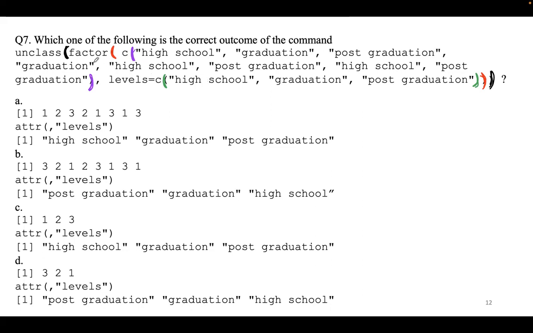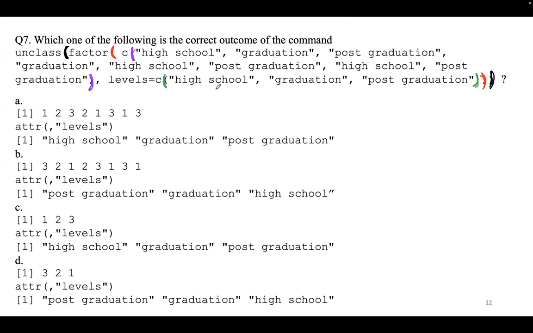Now what we are doing is, you have a vector which is high school, graduation, post-graduation, graduation, high school, post-graduation, high school, post-graduation. You're converting this into a factor, and you're assigning the levels to be high school, graduation, post-graduation. And now you're doing an unclass on this. So these elements are going to be converted into the corresponding factor order.